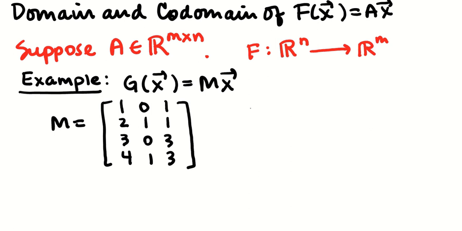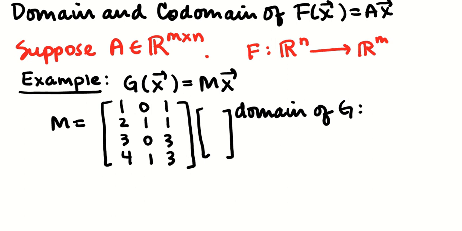Okay, the domain of G, that's the type of vectors that we can put in for x. Well, if we're going to put in an x and the matrix multiplication is going to be well defined, then when I go to do the matrix multiplication, I need there to be an equal number of terms on that row as this column. So I'm going to need this column to have 3 entries in it. So I'll need that to be x1, x2, x3.